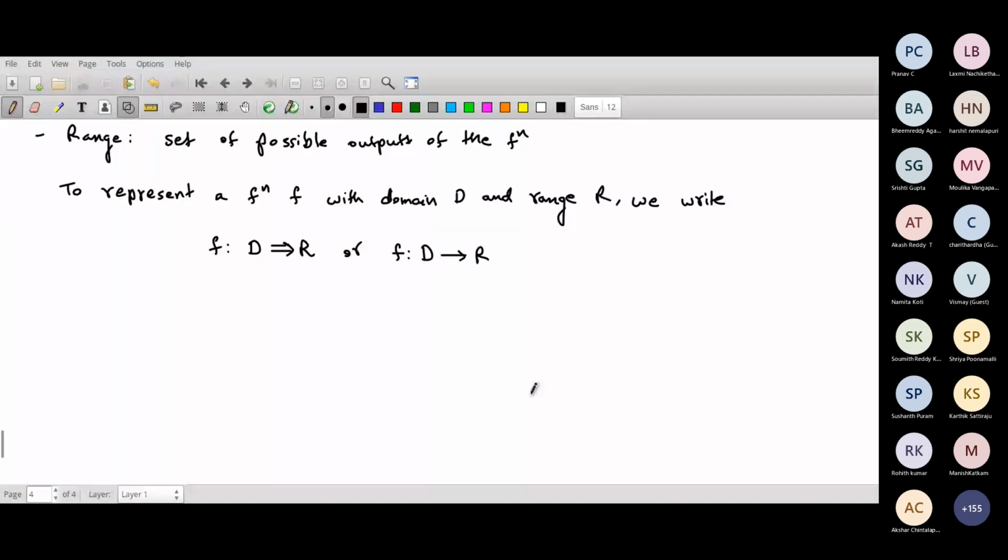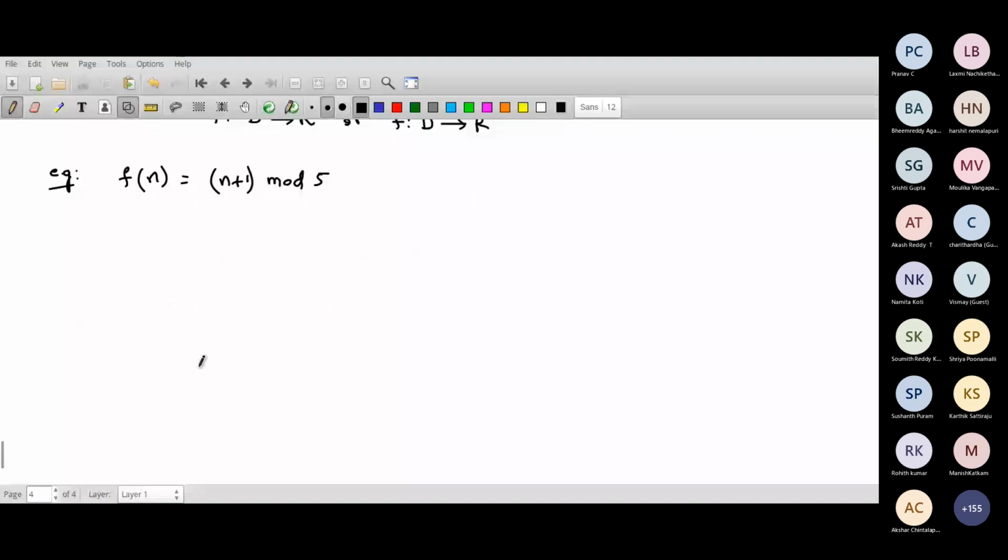So let's look at an example. Let's take a function where f of n equal to n plus 1 mod 5. So n can take, let's assume n takes 5 values, 0, 1, 2, 3, 4.